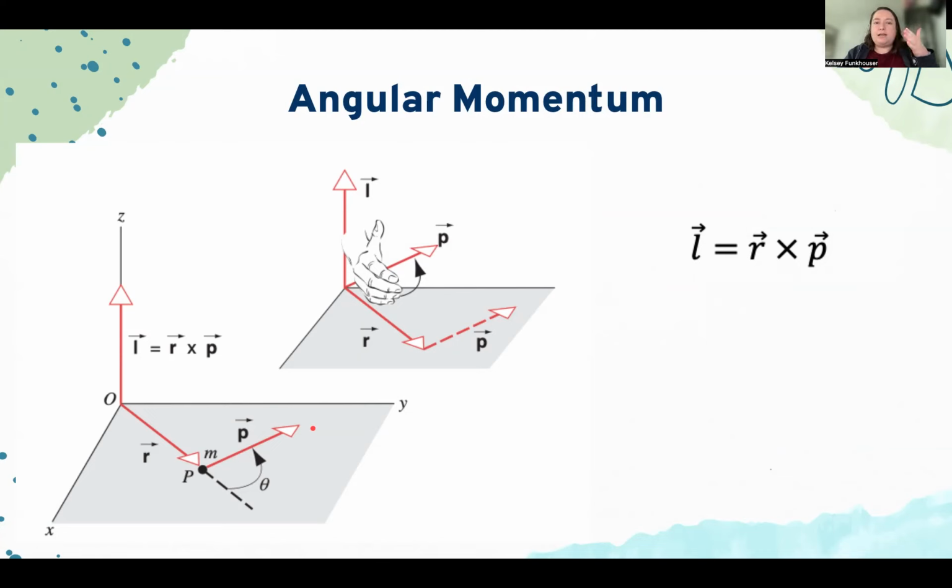So this is just the right-hand rule for a cross product. Fingers in the direction of the r vector, fingers curl in the direction of the momentum vector, thumb points in the direction of the angular momentum vector.